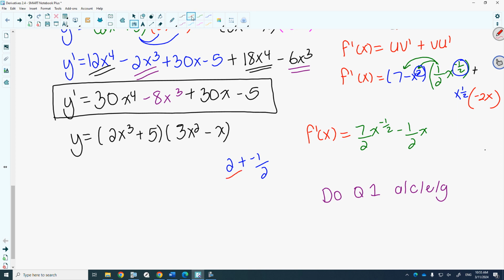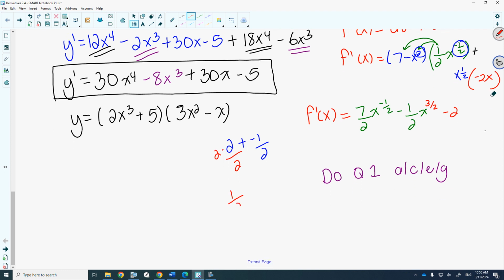I'll get common denominators. So what does that give me? 3 over 2. And then I have plus, so negative 2 times 1 would actually give me negative 2. And then I've got 1/2 times, or sorry, 1/2 plus 1. So 1/2 plus 1 will give me 3 over 2.